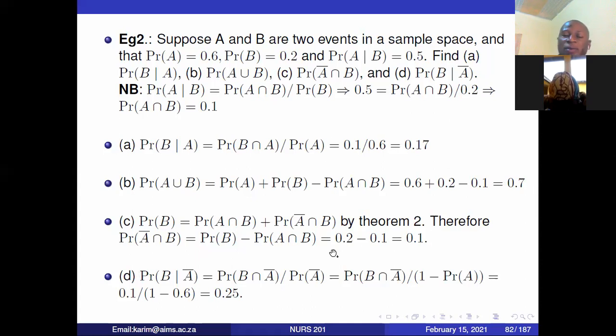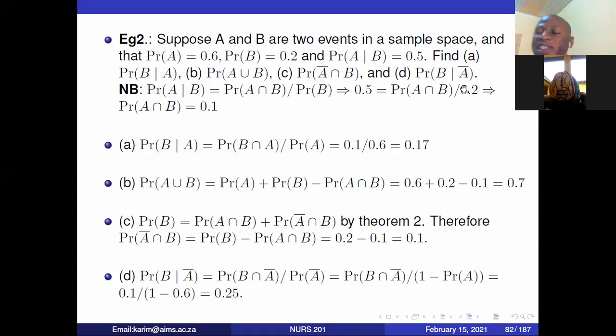Let's look at the final one. The final one is saying, what is the probability of event B occurring given that event A has not occurred? So if event A has not occurred, then what is the probability that B is going to occur?